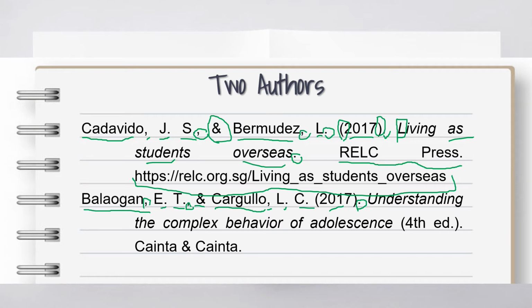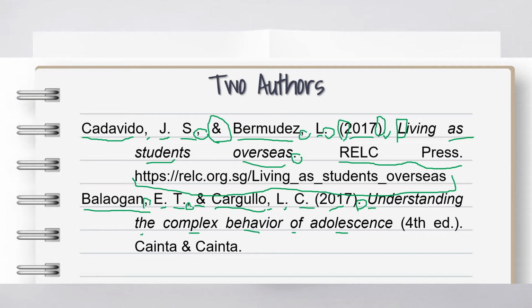Okay, very good. We're going to capitalize again only the first word, which is understanding. The first letter of the first word, which is letter U for understanding, and the rest will be in small letters only. We cannot see any proper name, that's why we are not going to capitalize any other words except for understanding.